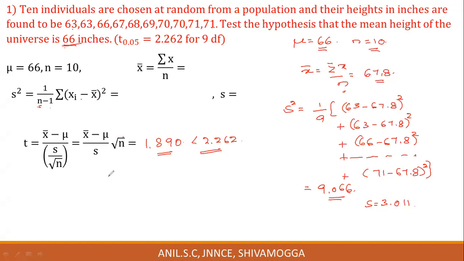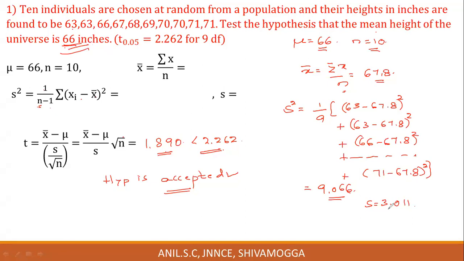Therefore, this hypothesis is accepted. If it is greater than the table value, we reject the null hypothesis and accept the alternate hypothesis. But this is less than the table value, therefore we accept the null hypothesis that the mean height of the universe is 66 inches.